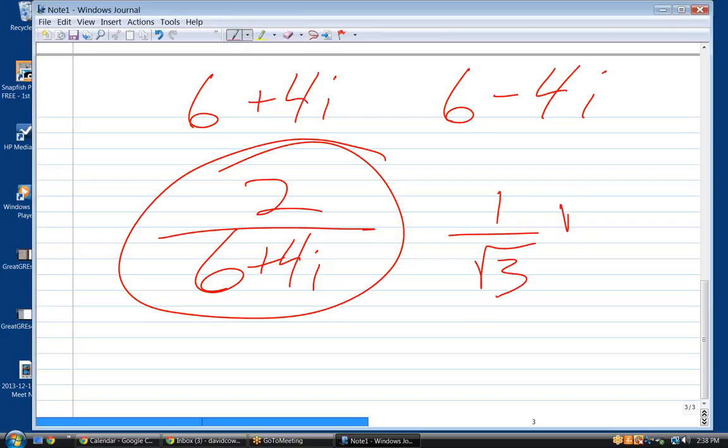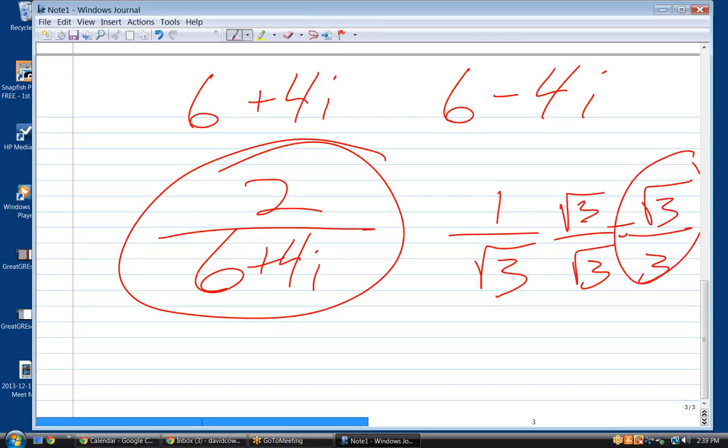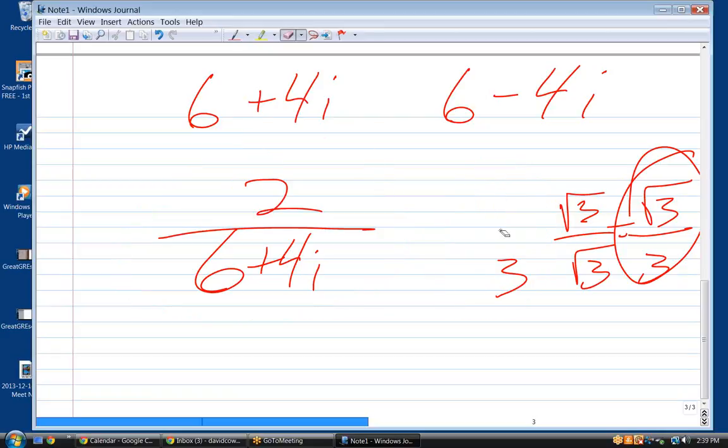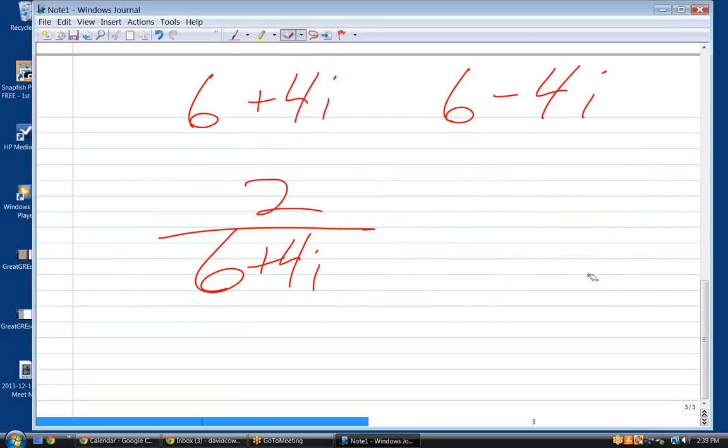So I would multiply this by square root of 3 over square root of 3, doing what is called rationalizing the denominator. So 1 over square root of 3 is the same thing as square root of 3 over 3, but the square root of 3 over 3 is a better answer because it has a rational denominator.